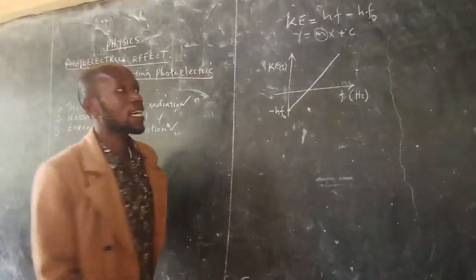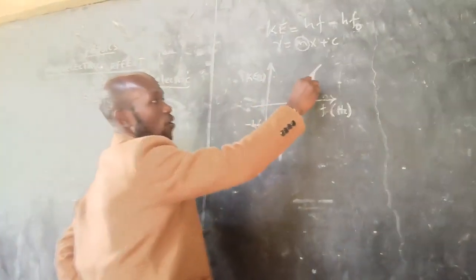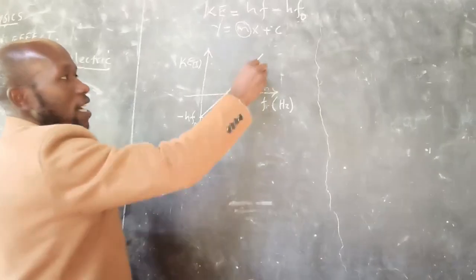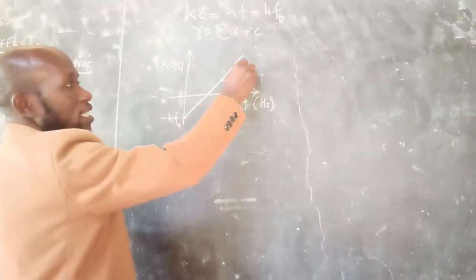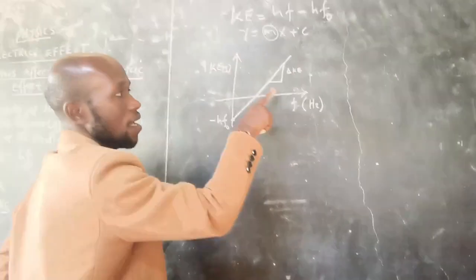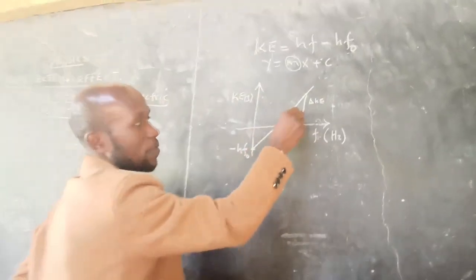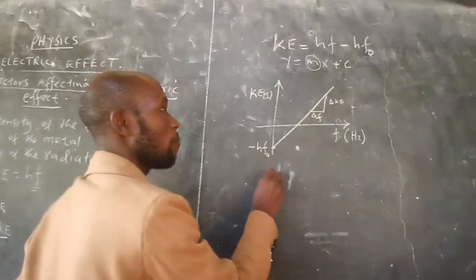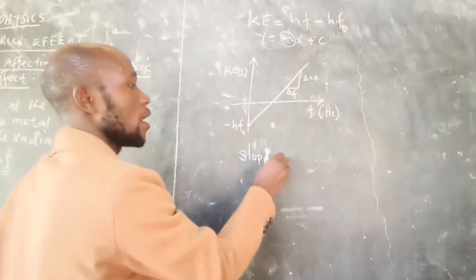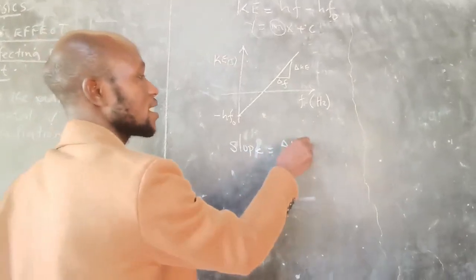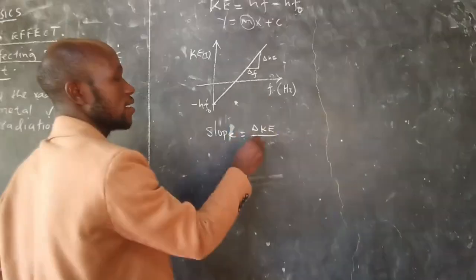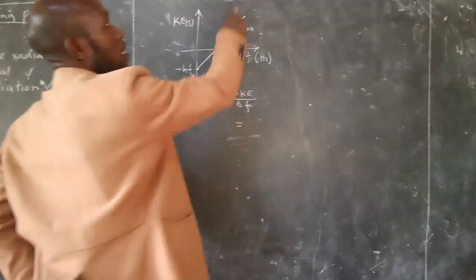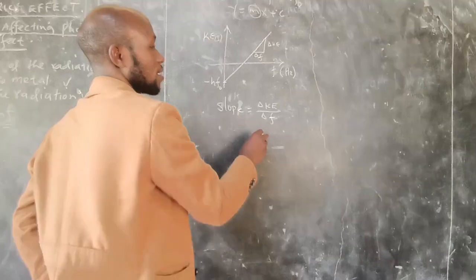Now, if we calculate the slope of this graph, our vertical axis has change in kinetic energy and our horizontal axis has change in frequency. Therefore our slope will be change in kinetic energy over change in frequency, which will give us Planck's constant.